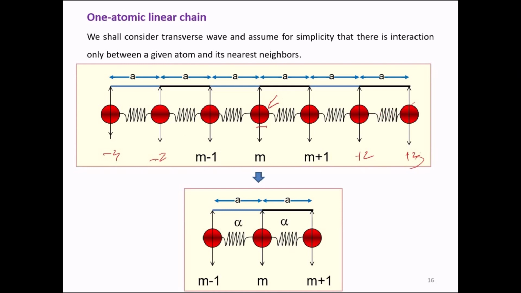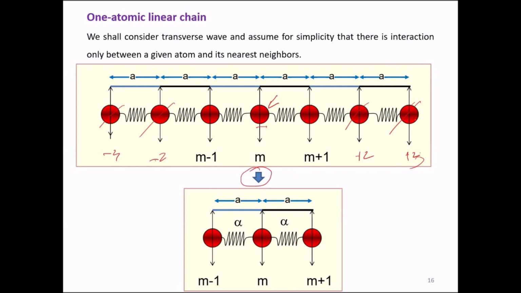So we can neglect the interaction of atoms farther than the nearest neighbors. This one we can remove, this one we can remove. Therefore our system becomes like this: one atom has interaction with two neighbors only, the nearest neighbors.